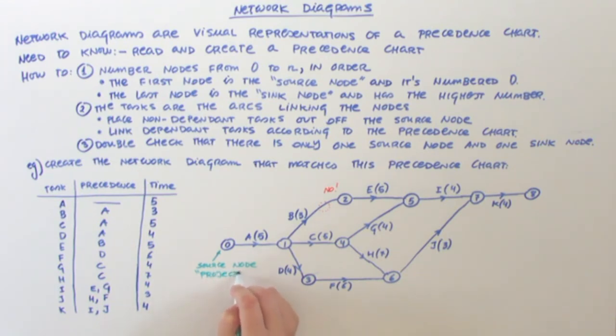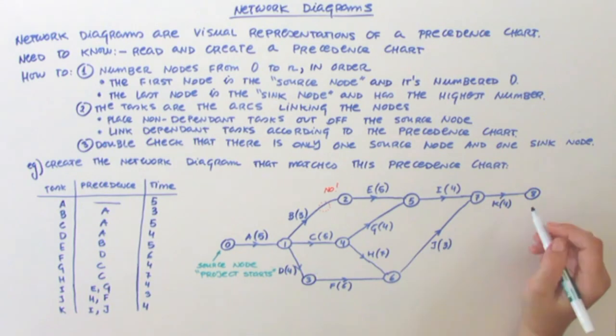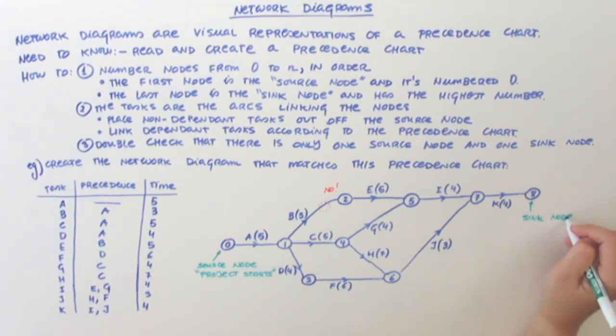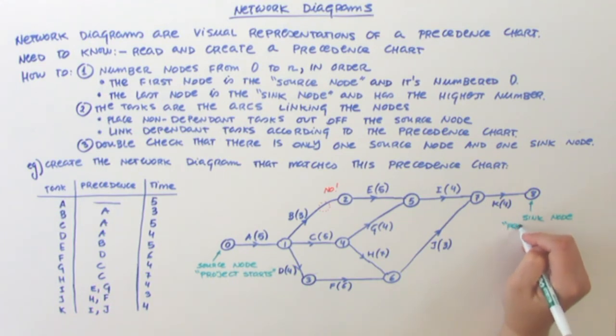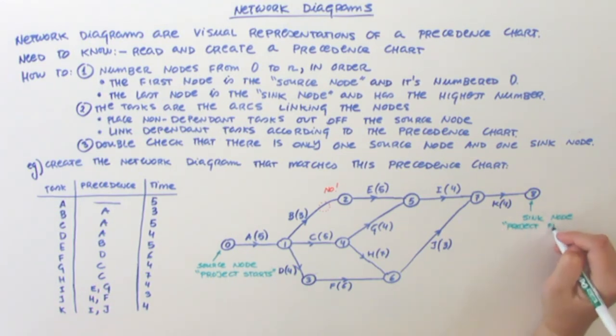And I go through the numbers to make sure I didn't number 2 nodes with the same number, and there is only one sink node at the end, which is the point that represents that the project finished. That's why I can only have one. So everything looks alright, and we're done.